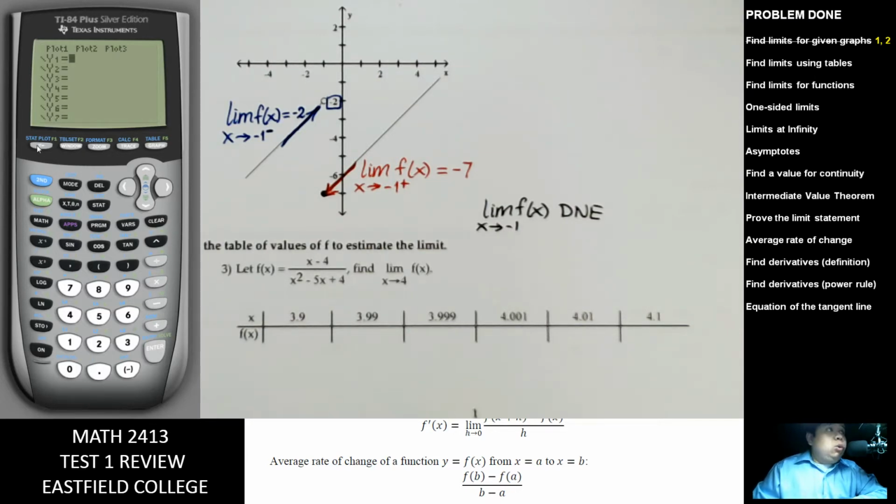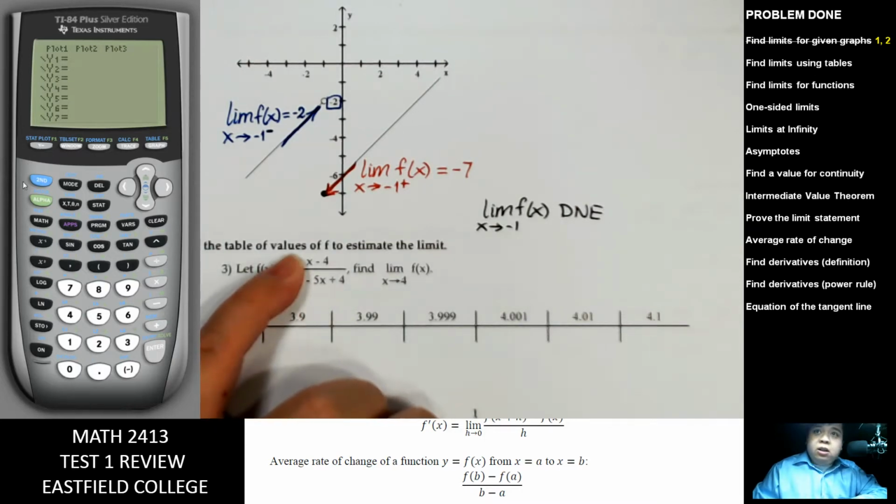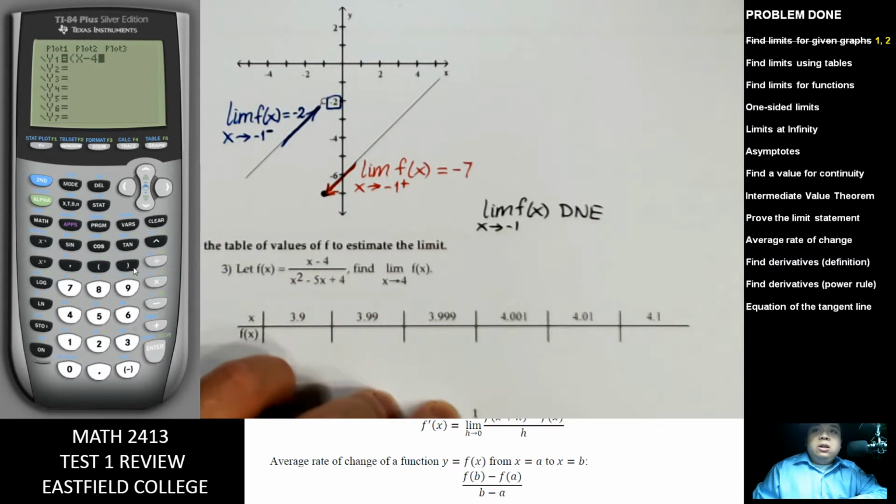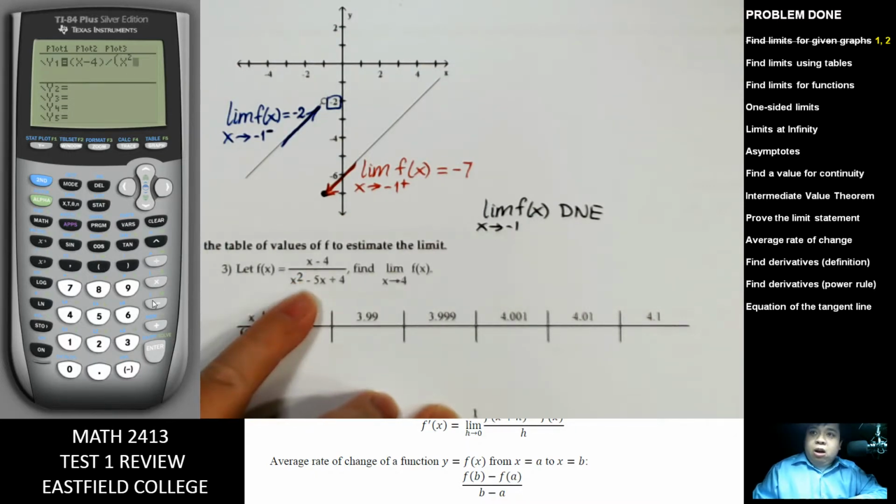So we turn on the calculator. Y equals, I will enter the function: x minus 4 divided by x squared minus 5x plus 4.